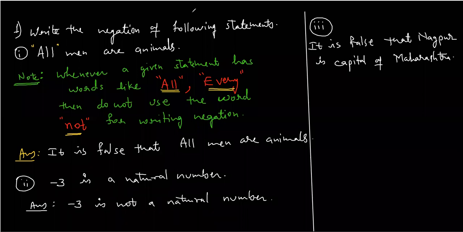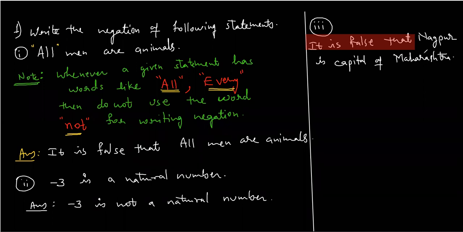So try understanding, students. The given statement has been prefixed by these words: it is false that Nagpur is capital of Maharashtra.